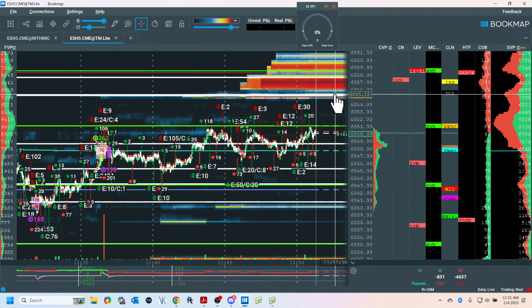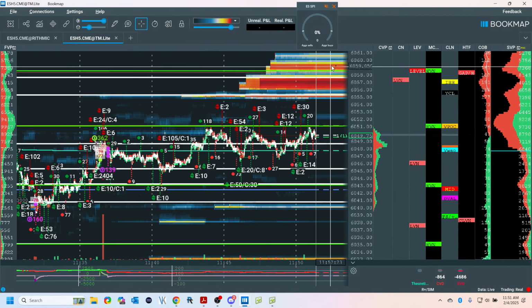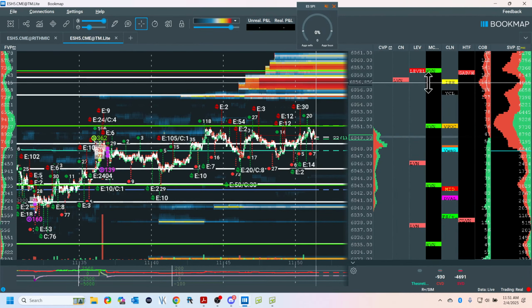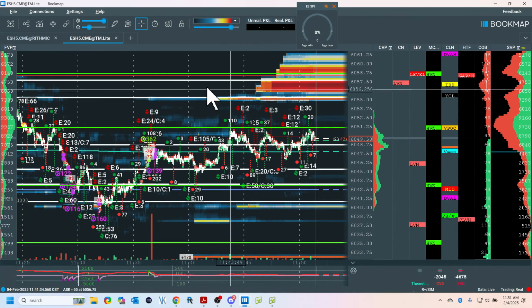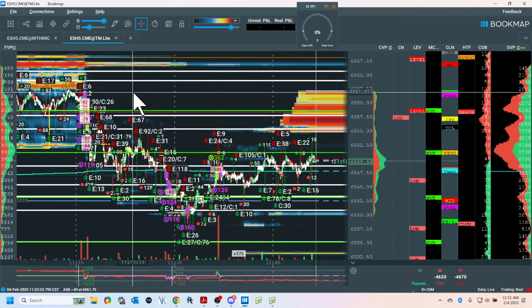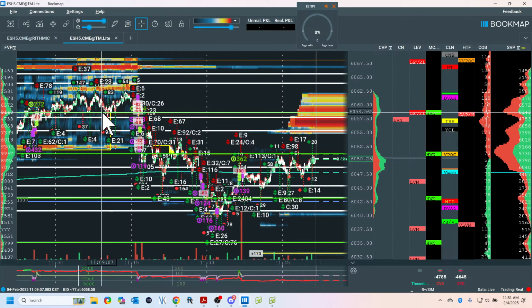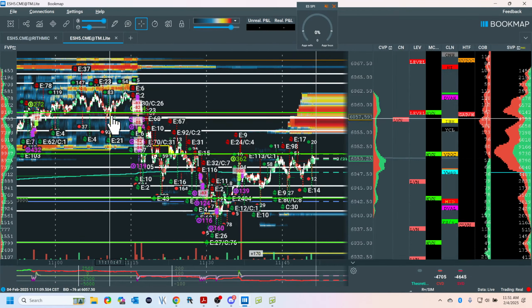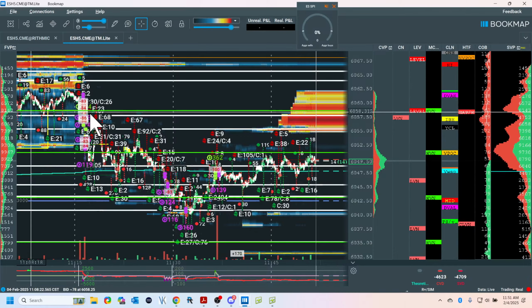If I can get above this volume, and you notice what's coming in over here, I'm looking for this. Let's see where this volume came from. This is a variable high volume node. That is resistance. So I have to be conscious, I believe it is.